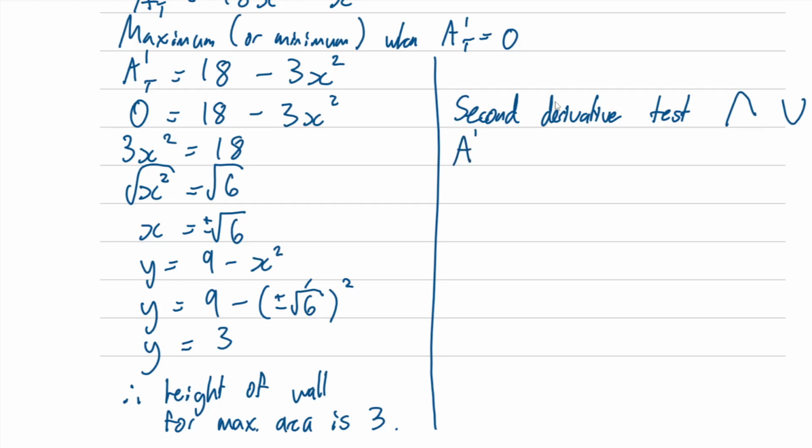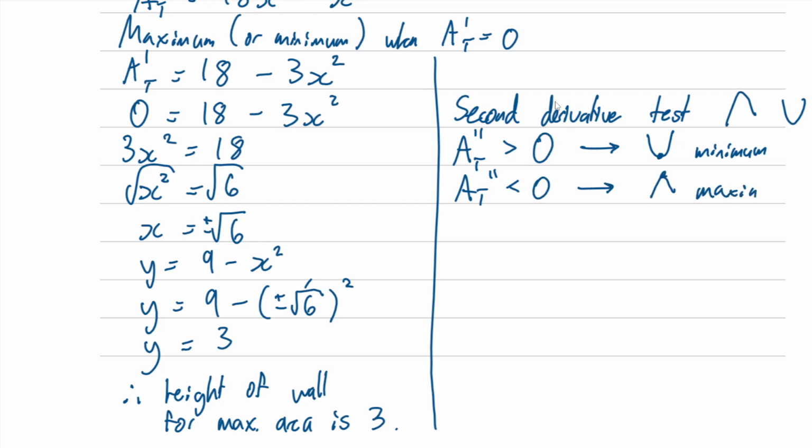If the second derivative of the area is positive, then it is a minimum. If the second derivative is negative, then it is a maximum. So that's what we're hoping for. And just bonus, if it is equal to 0, it's what we call a point of inflection. But we're hoping that it will be the second one.